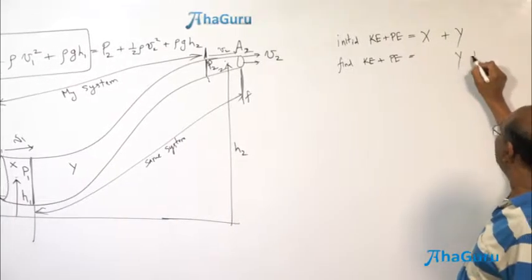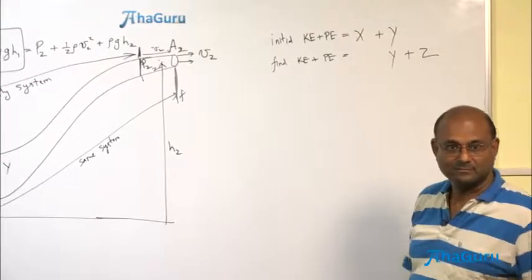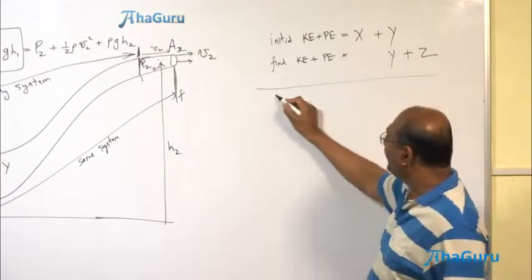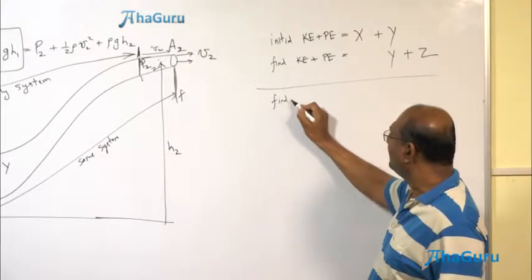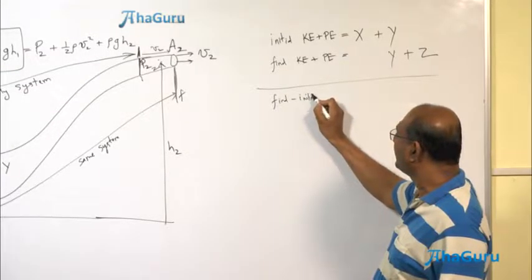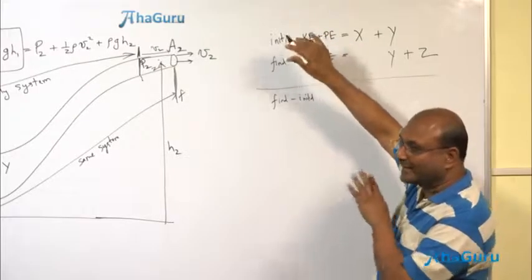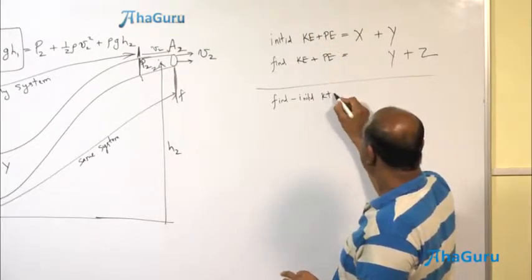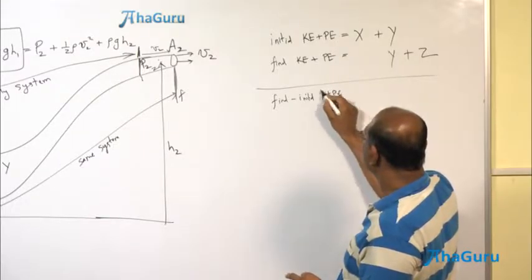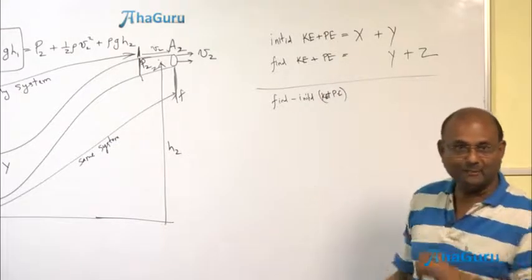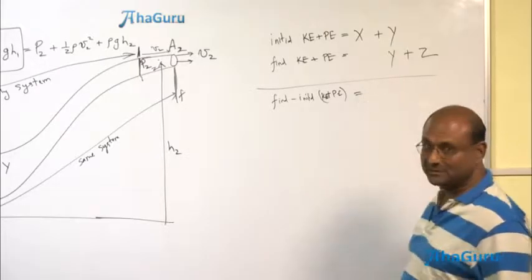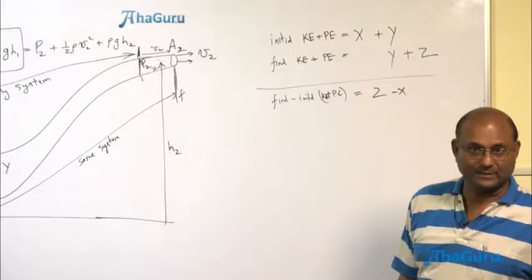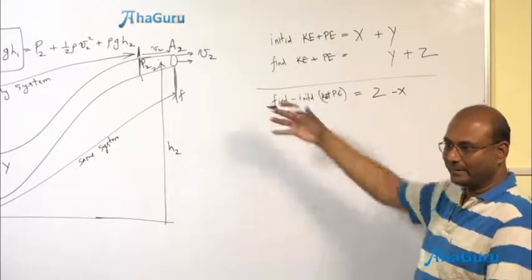Y plus Z. There is no X. So if I try final minus initial total energy, well, it's technically not total energy, but kinetic plus potential energy, delta of kinetic plus potential energy is how much? Z minus X. Hopefully I can calculate this. We will calculate it now.